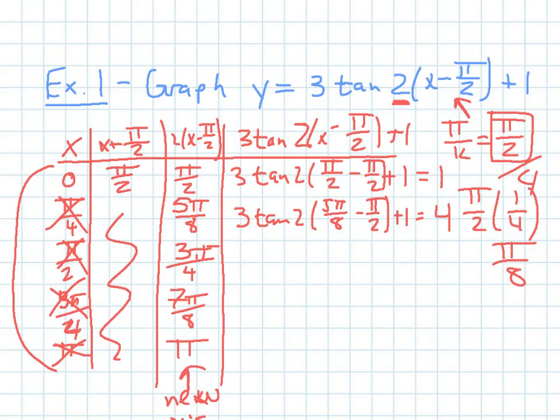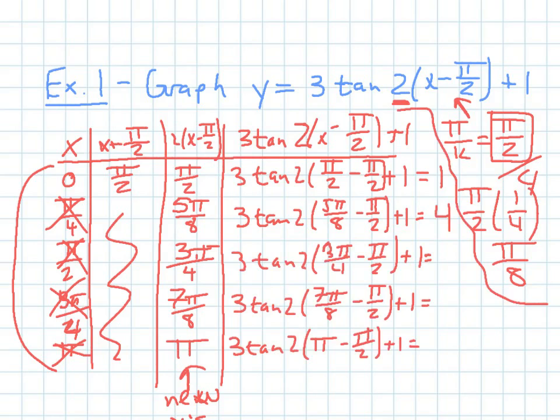Okay, so I'm going to do the same thing for all the others real quick. Plugging in 3 pi over 4, minus pi over 2 gives me pi over 4, times 2 is pi over 2. And tangent of pi over 2 is undefined, so we'll say does not exist.